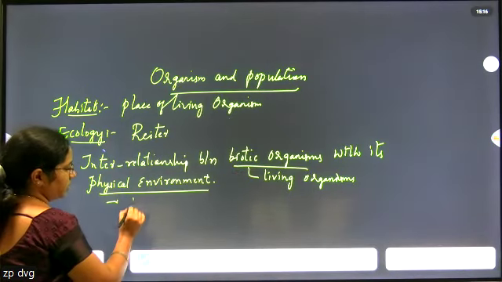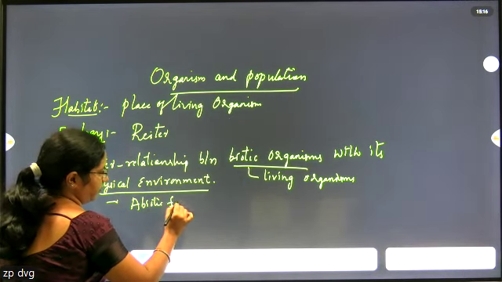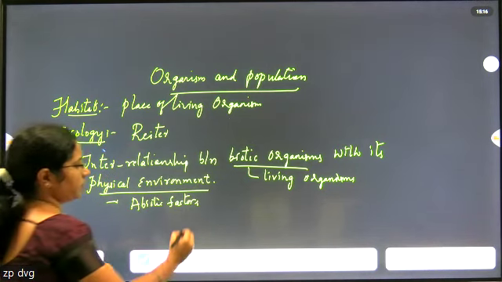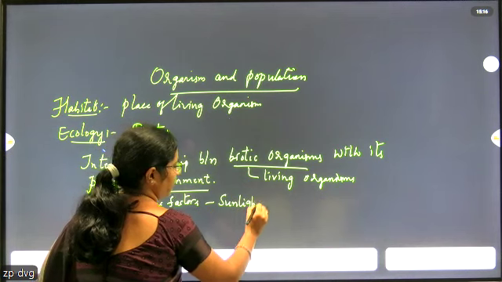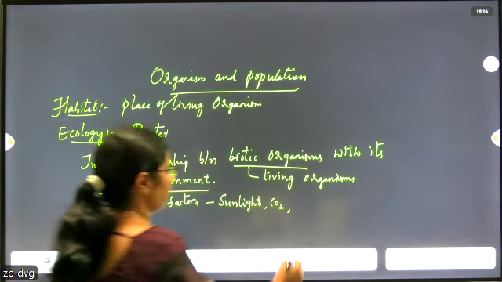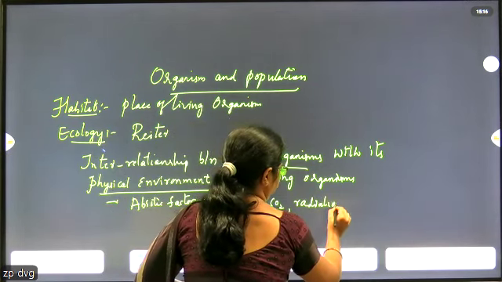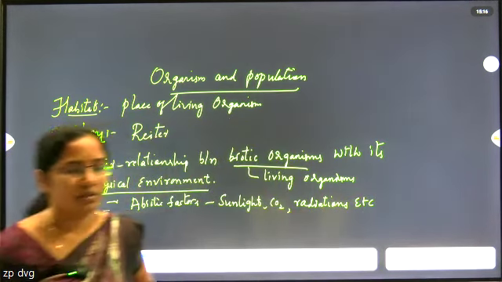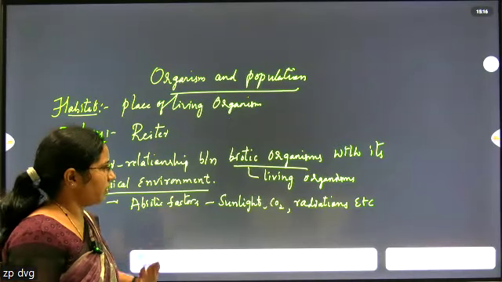Physical environment is nothing but abiotic factors, which include sunlight, CO2, radiations, etc. All the things which are not in the state of living, non-living things, we can consider as abiotic factors.